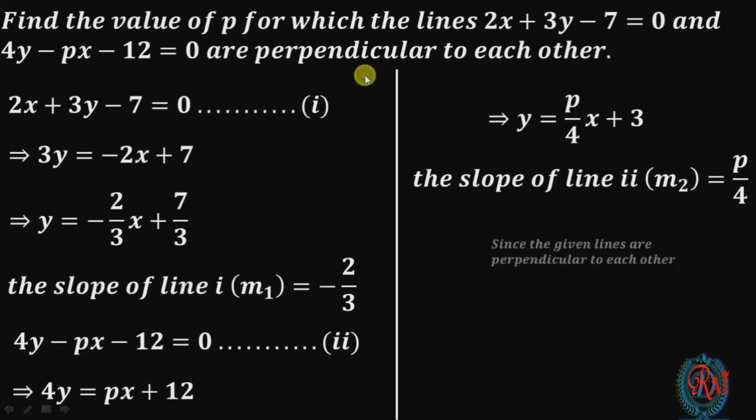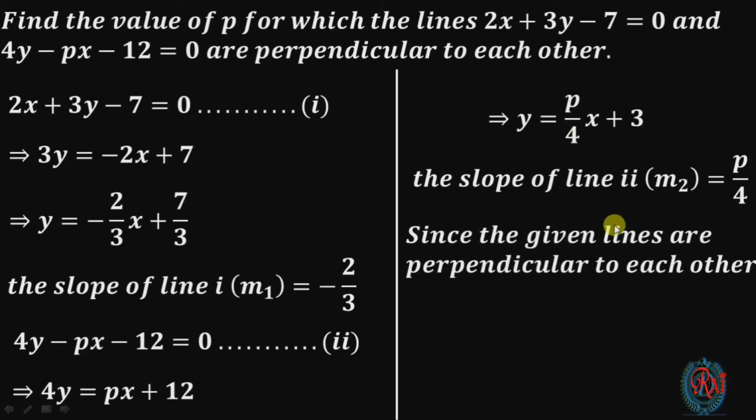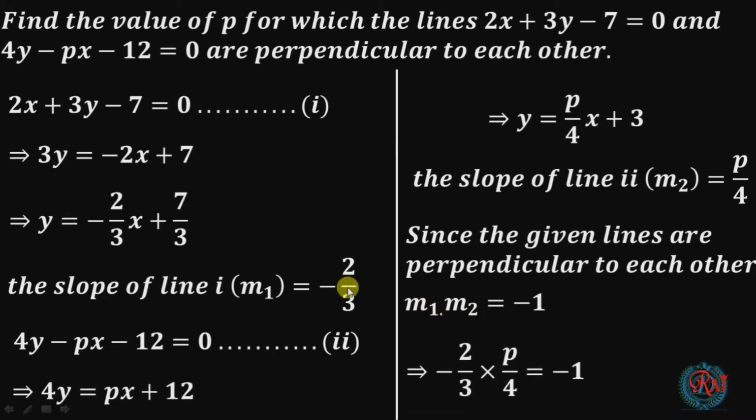Now according to the question, our given lines, that is line 1 and line 2, are perpendicular to each other. That is m1 into m2 is equal to minus 1. Now instead of m1 I'll write minus 2 by 3 into, instead of m2 I'll write p by 4, is equal to minus 1.